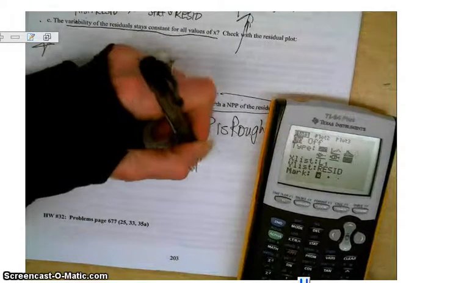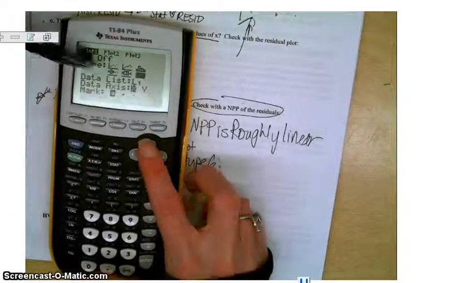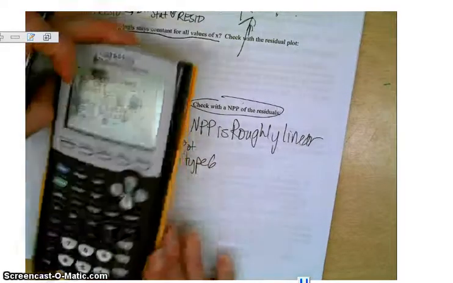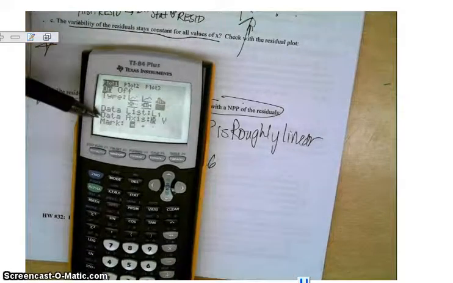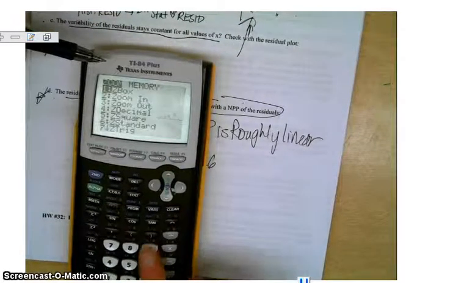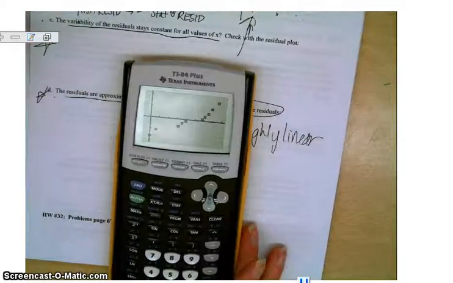And I'm going to select that, and it just says my data list, where are your X values? It's your X values, and make your data axis the x-axis and just graph it and zoom 9 it. And is that roughly linear? Yeah. It's roughly linear, okay?